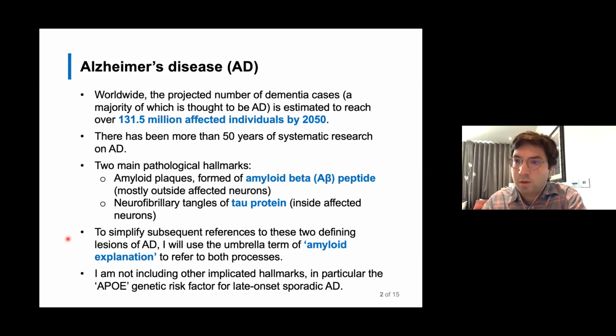There are other important genetic risk factors for AD as well. One of them in particular is called ApoE. This gene is implicated mostly in late onset sporadic AD, but my point is not to be exhaustive in terms of all facets of AD. So I won't be referring to the ApoE arm of the AD explanation.